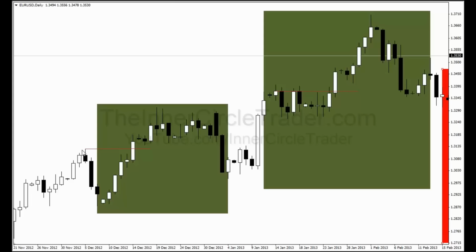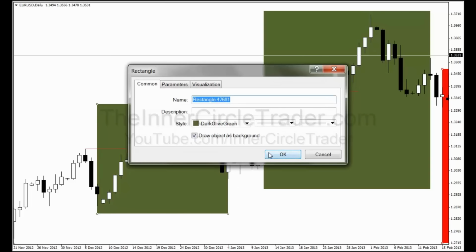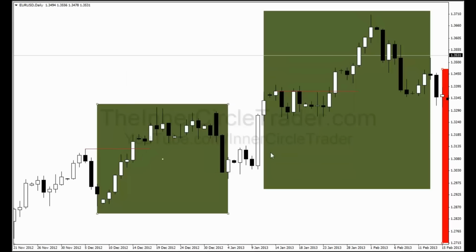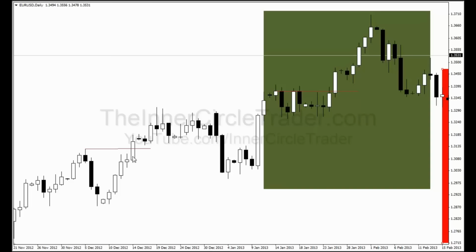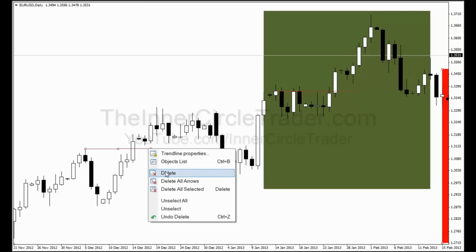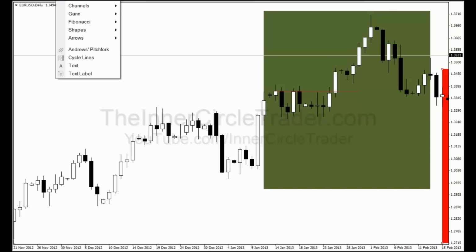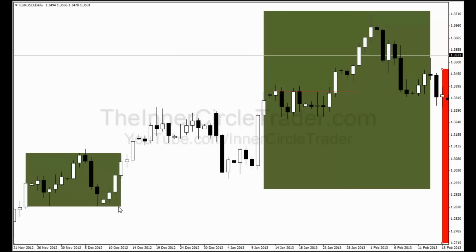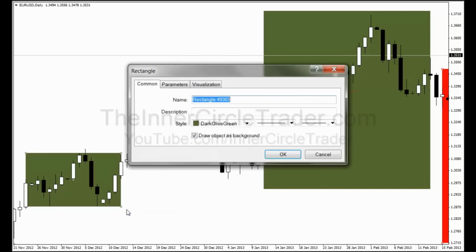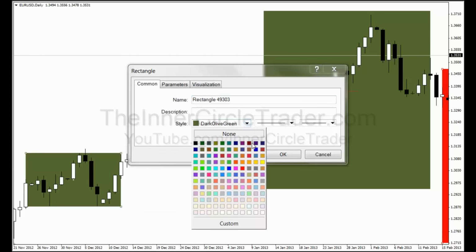We have an area of consolidation right here, and I probably should take these rectangles off because there you go. And we have this consolidation right here. Okay, inside this, we're going to make it blue.